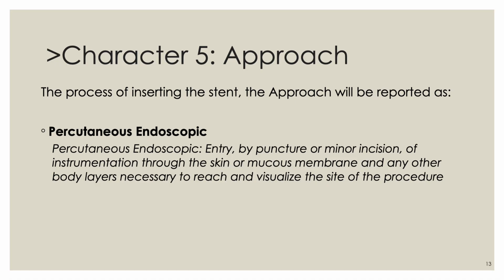Percutaneous, through the skin. Endoscopic, the catheter is going inside the artery. So we are going to use the approach, character 5, to report percutaneous endoscopic. Does that make sense?